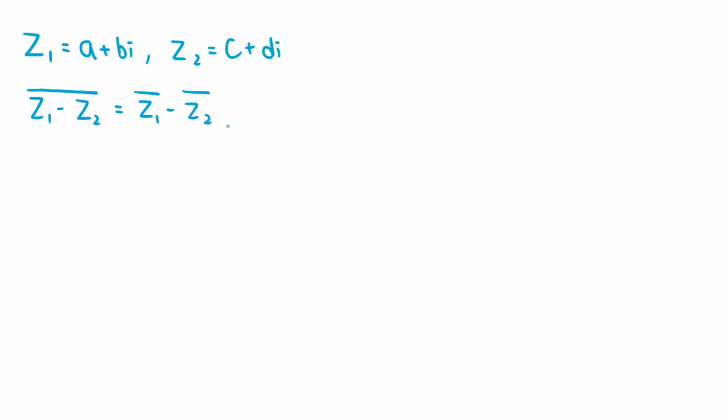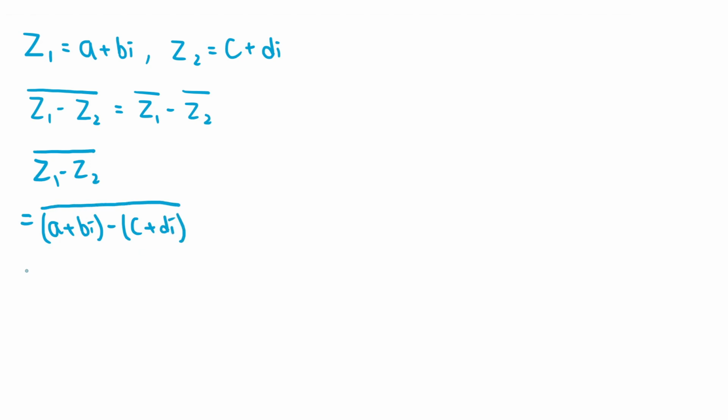The next property we'll go through is z1 minus z2 conjugate equals z1 conjugate minus z2 conjugate. This is similar to the previous property except with subtraction, and the proof is quite similar. So here's what we do. We start with z1 minus z2 conjugate, and this is just equal to a plus bi minus parentheses c plus di conjugate.